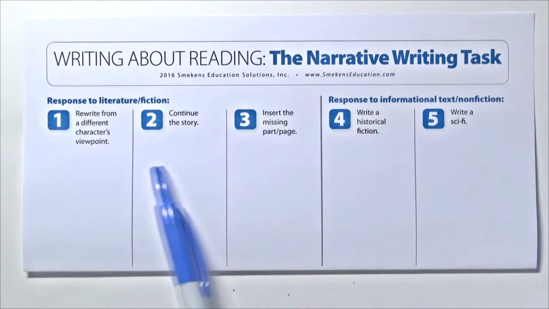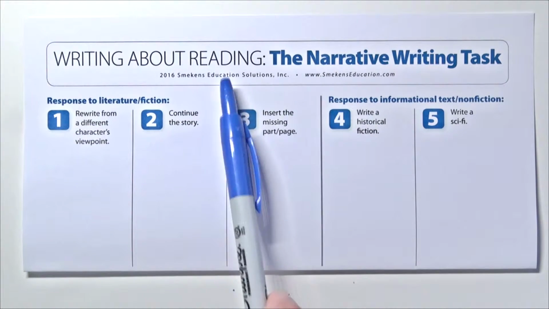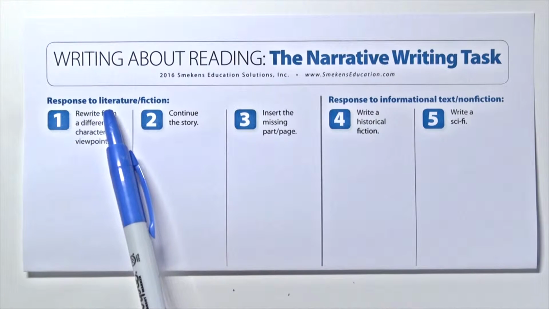So students have to think about what they learned in the beginning of the text and what they know will happen after this additional page is added. And they have to write what would make sense. They have to stay within the parameters of the original text, but add in the missing part. All right, so all 3 of those are possible narrative writing tasks based on reading literature.